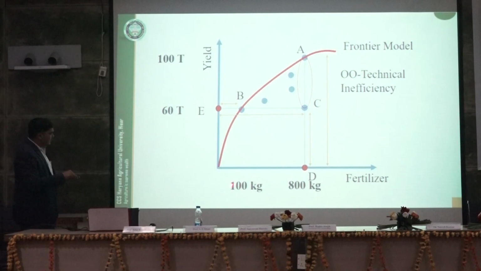You can see that at 100 kg of dose you will get 60 tons, and at 800 kg of dose farmer C is also getting 60 tons. So there is a gap. The output is the same, but the input is different.